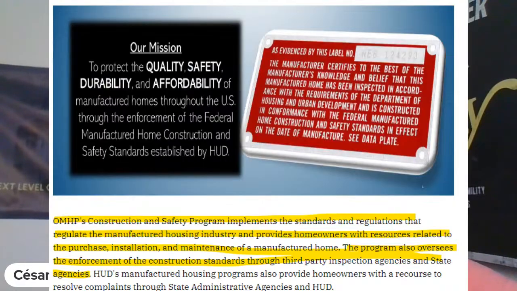Okay. So you may have noticed out on your homes, right? You'll have a red metal tag, kind of sort of like this. Now, the reason for that is because you have your HUD code, which is a federal code, and you have IRC, which is an international residential code. There's also international building code, which they govern the design and construction of homes, right?